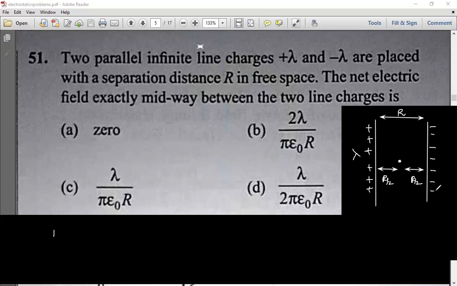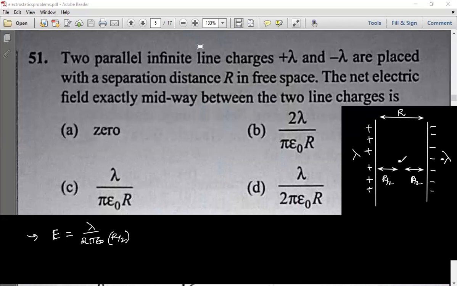So we make it minus lambda. Okay, right. Now electric field E is equal to lambda by 2 pi epsilon naught r. But here the distance is r by 2. Now exactly midway, so you are having opposite charges, we can say.